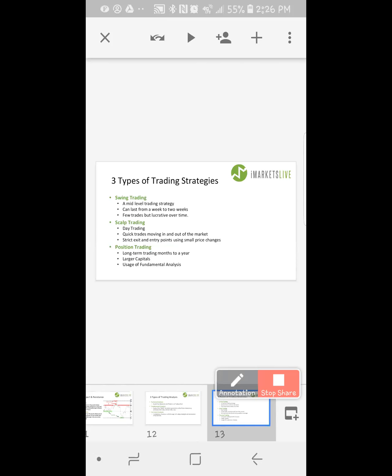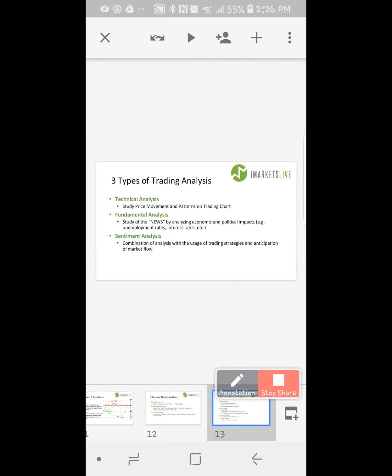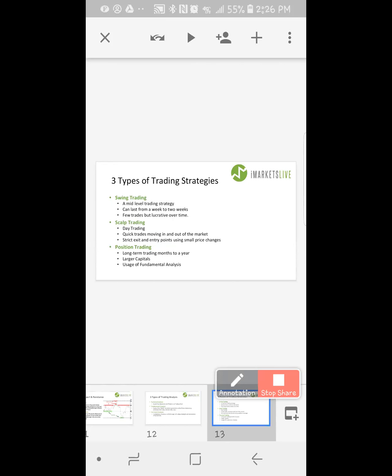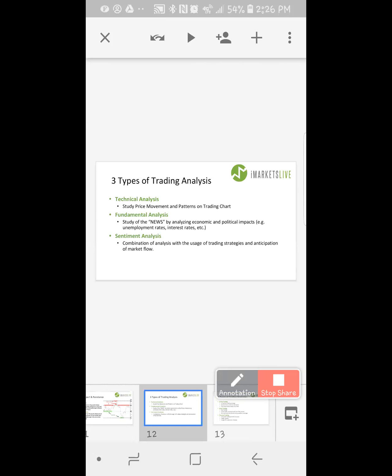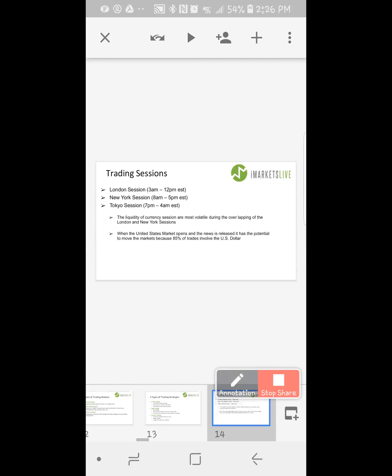And then we have position trading. These are long-term trades, months to a year, large capital, usage of fundamental analysis. So remember on the last slide, we talked about fundamentals. A position trader is basically analyzing the market from a fundamental analyst perspective.